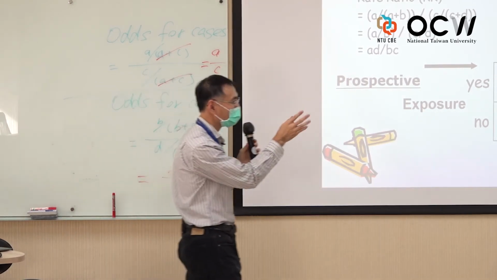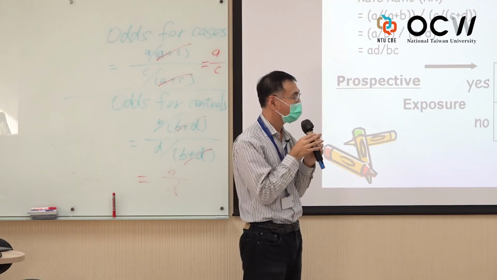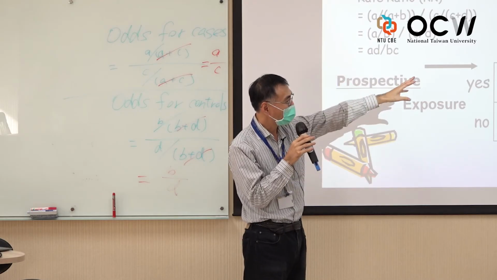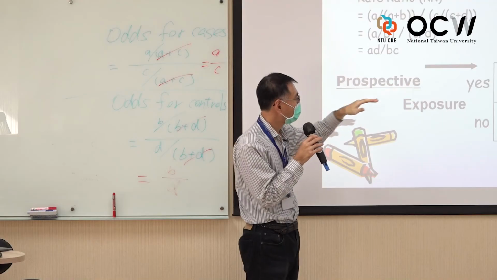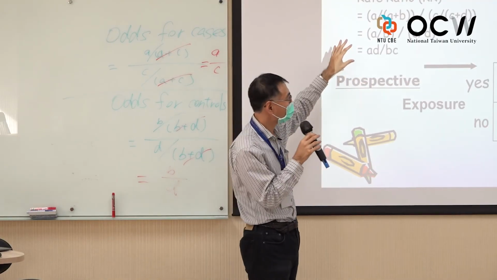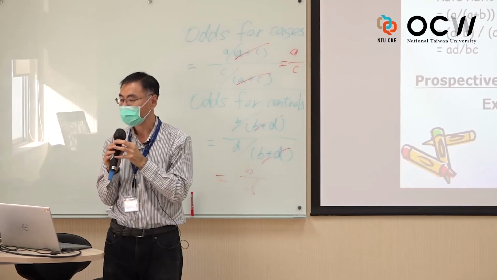Because in a case control study, we cannot calculate rates or prevalence, right? Because we don't have the information about the denominator. So that's why he adopted the idea of odds and made it exactly the same, AD over BC, under the assumption of a rare disease. This is extremely important.